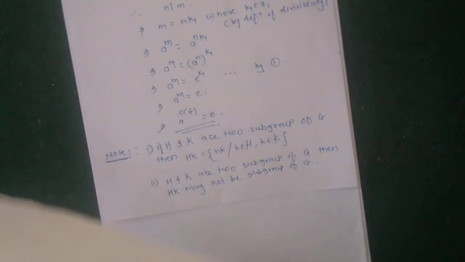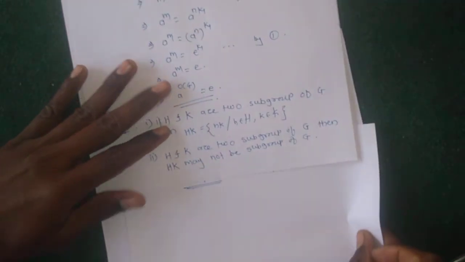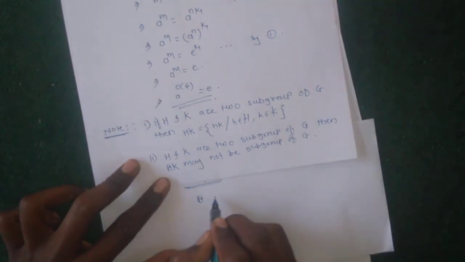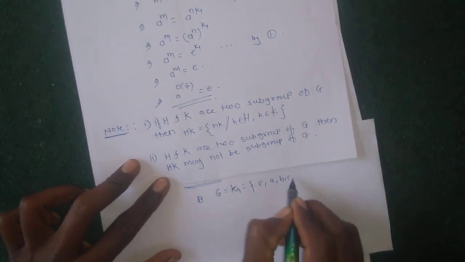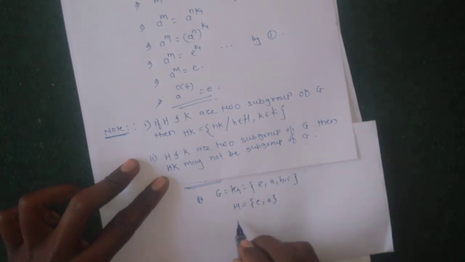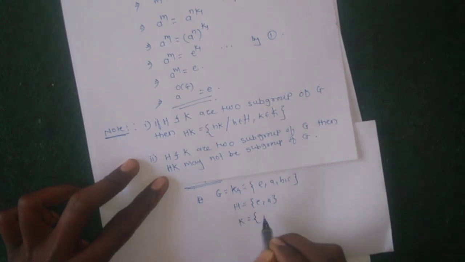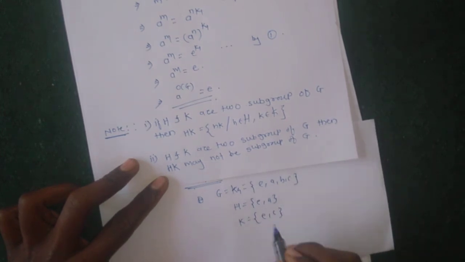Here the product of subgroups need not be a subgroup. Suppose G equal to the Klein four group, which contains the elements e, a, b, c. Then the first subgroup is, suppose, H equal to {e, a}, and K equal to {e, c}.